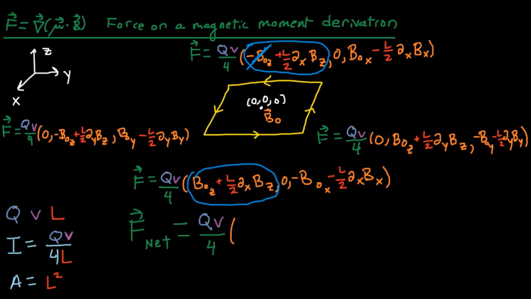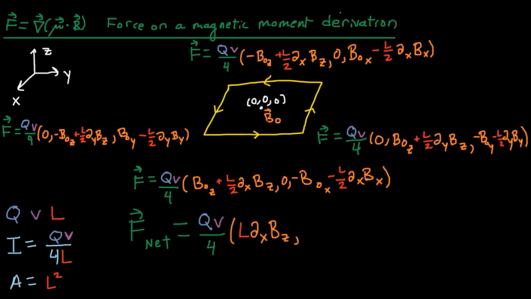But crucially, the terms that are first order in L add, right? This is actually the same as this one, so these will add together. This is why we had to keep everything to the next leading order in L, because what you would have thought was the leading term cancels out to 0. So in the first component we have L partial x Bz.